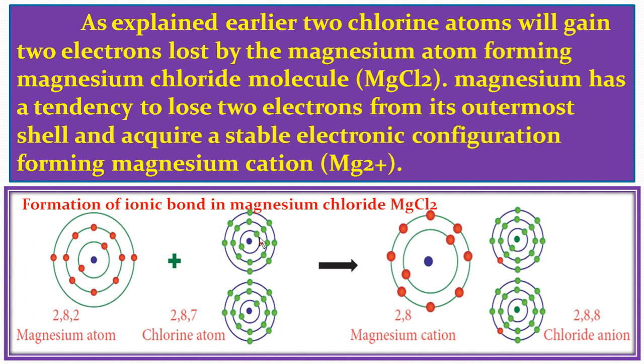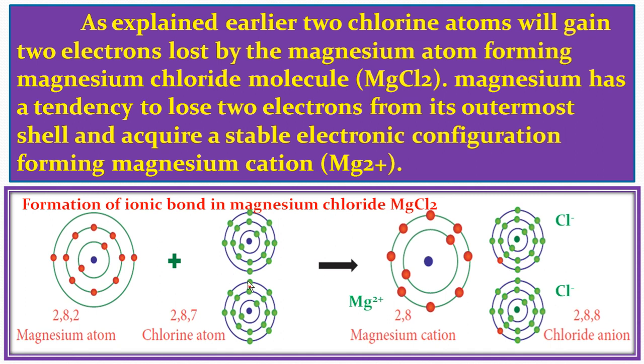So, each chlorine atom needs one more electron to complete the stable octet electronic configuration. Each chlorine atom receives one electron from the magnesium atom and forms a Cl minus.